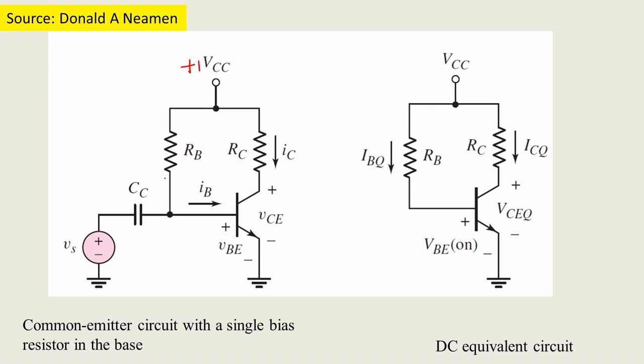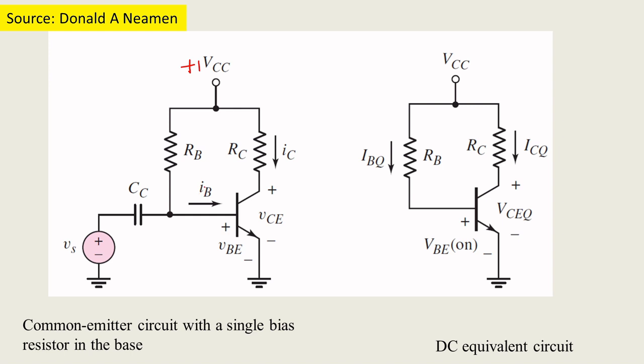The RB resistor is a controlling factor here. Based on the value of RB only, the base current is changing. That means the base emitter voltage is changed, that is, across this base emitter junction, the base current will change. Accordingly, there will be a change in your collector current.